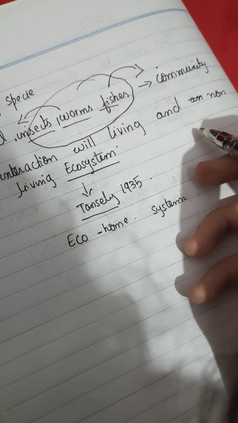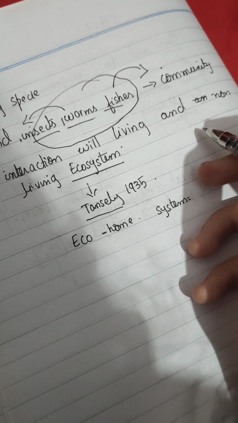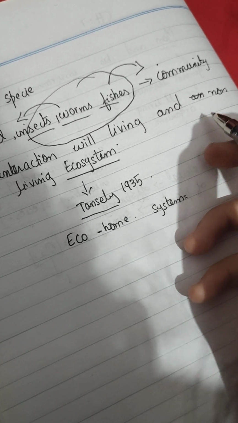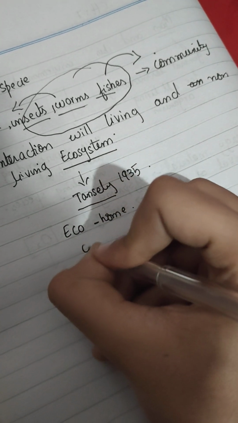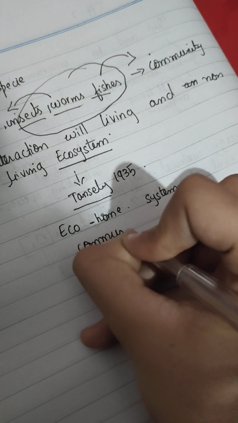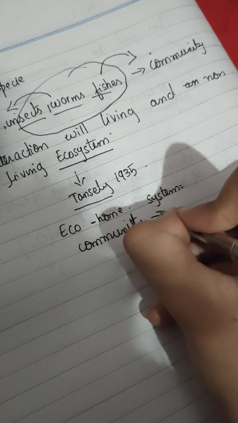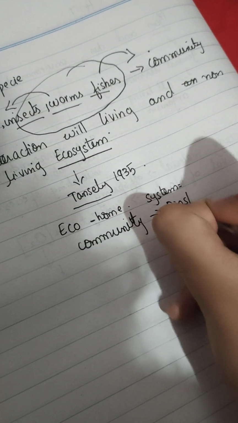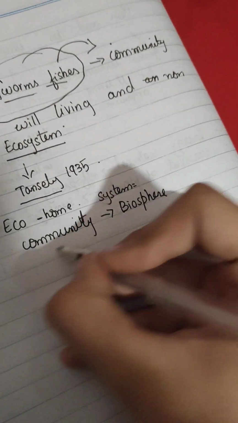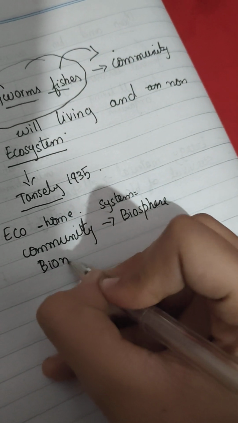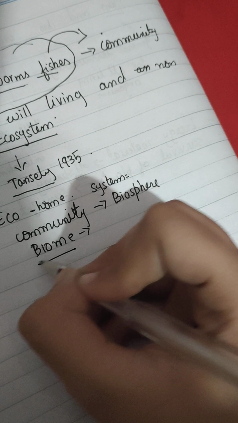There are many possibilities in an ecosystem. The largest possible major community comprising all ecosystems, when all the ecosystems or communities are combined, forms the biosphere. Here I've missed one more term given in the book, the biome.